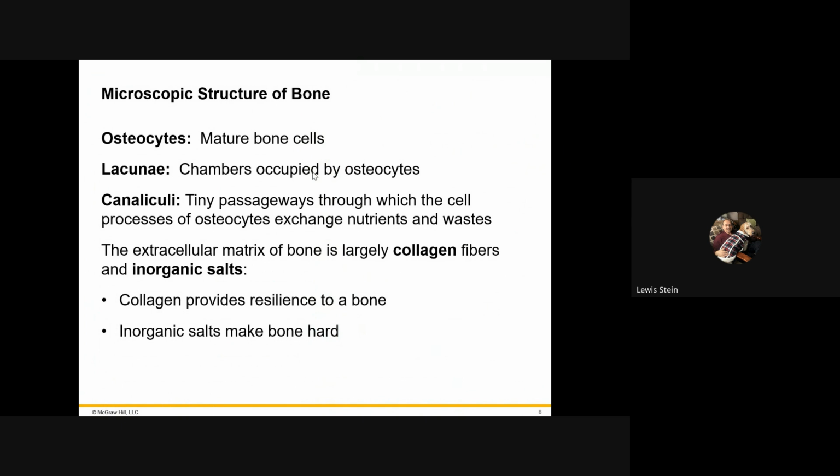Again, one of the hallmarks that people will talk about endlessly, and I don't know why, are called lacunae. These are the chambers. Chamber's a good word. Again, a lot of things we look at microscopically and say, aha, I know the cells in there, and there's some kind of chamber surrounded by, because there's a space between the cell and the walls.